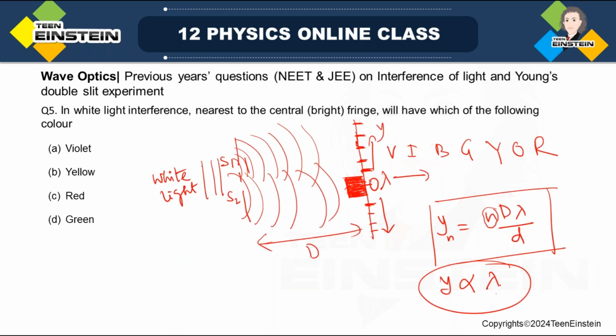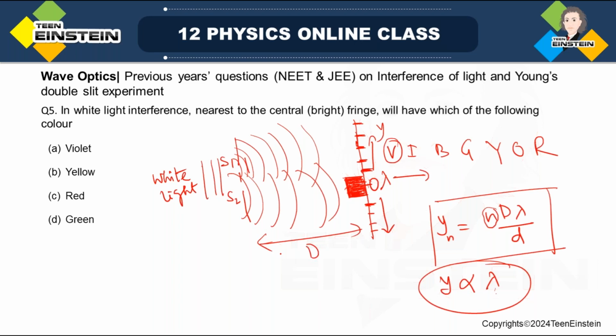If the wavelength is more, they will go away from the central bright fringe. If the wavelength is less, they will come near to the central bright fringe. In this case, violet has the least wavelength.